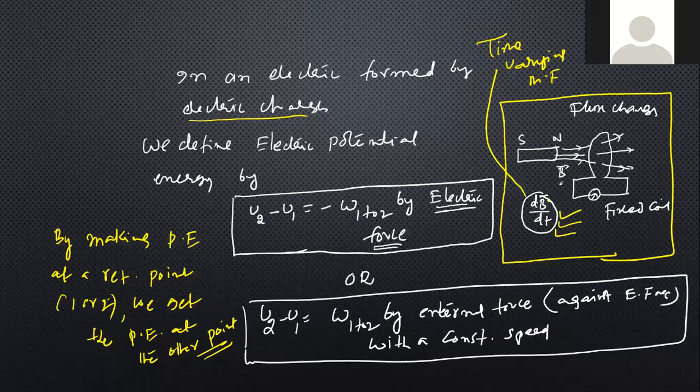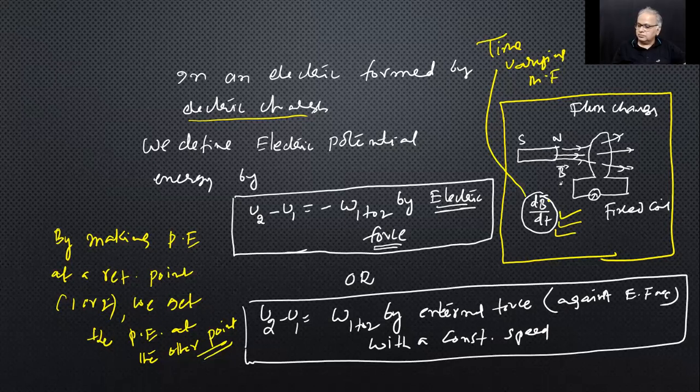Sir, in the time varying magnetic field, we cannot define electric potential because it won't be a conservative force. Yes, we don't define it.